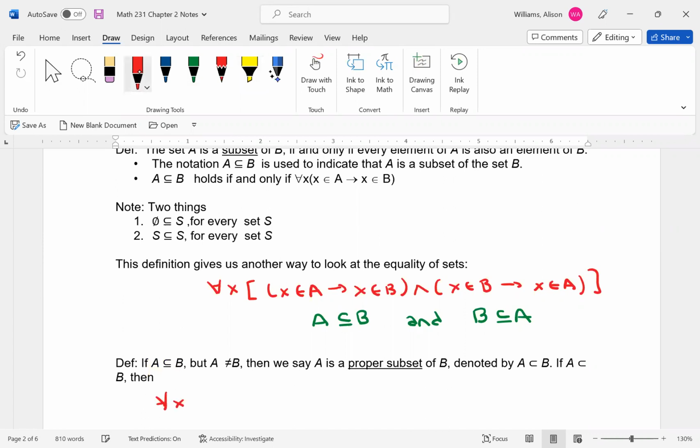For all X, if X is an element of A, then X is an element of B, and there exists an X that's in B, but not in A. So we're saying that B has something extra. It has some other element that it contains that A does not.